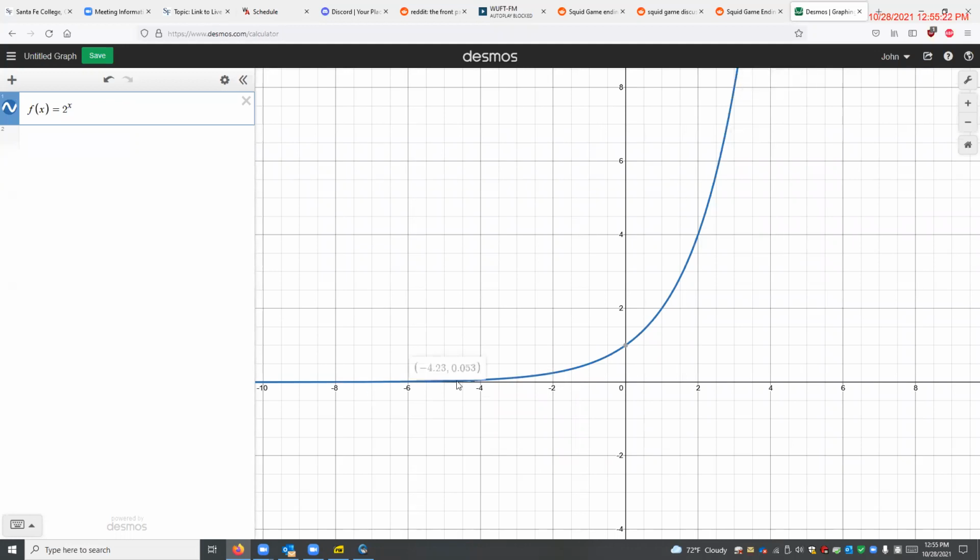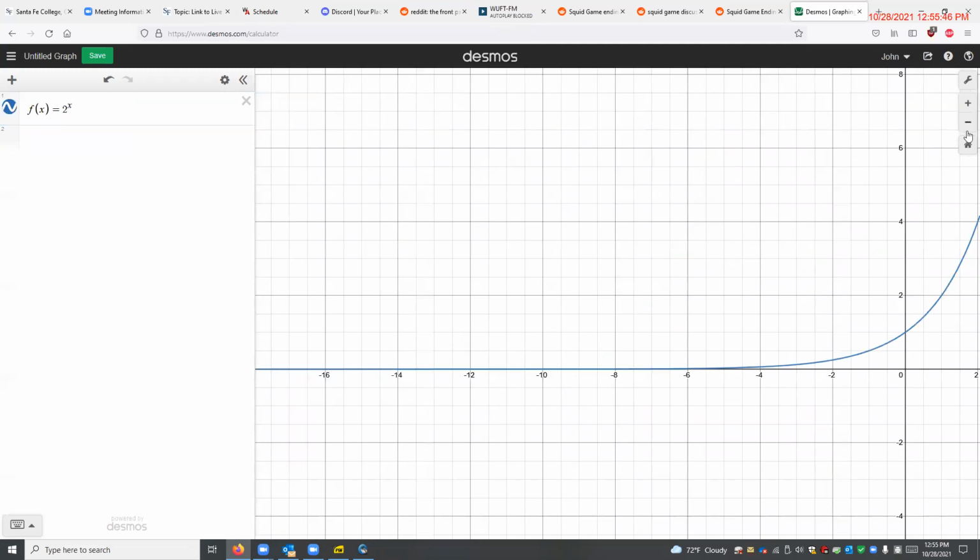And over here, it's settling down on 0. As we go further and further to the left, like here's the point 1, 1, negative 1, 1/2, thereabouts. Negative 2, 1/4. This would be negative 4, 1/16. And as you go further and further to the left, these y values are getting very, very, very small, very, very close to 0.